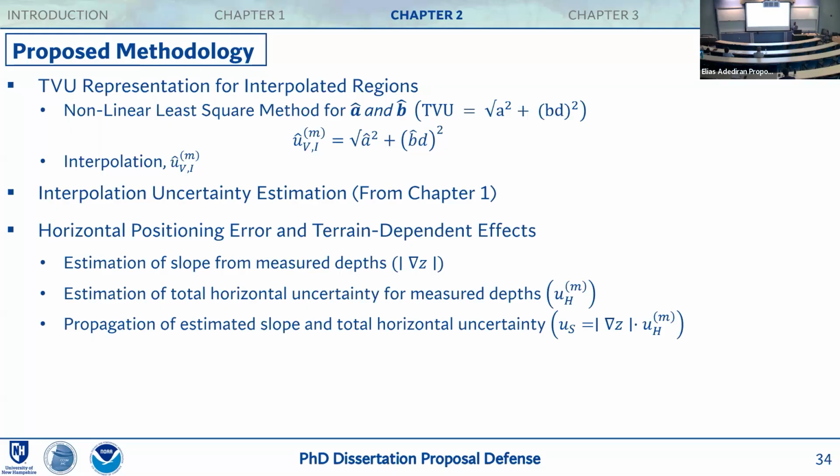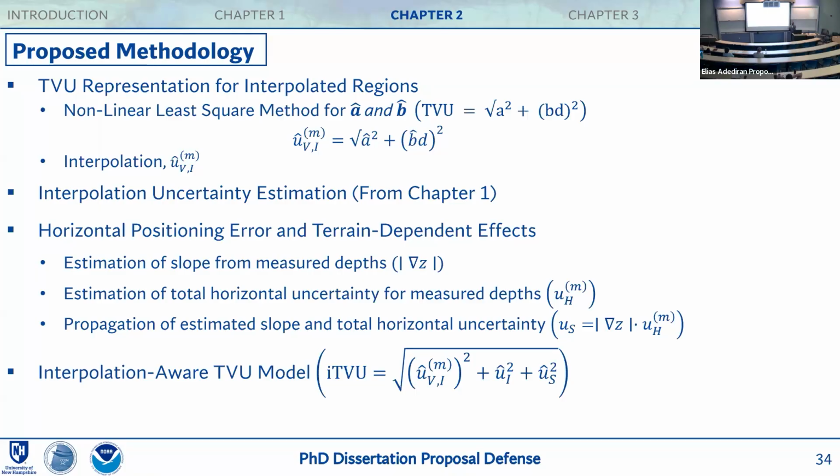To estimate the slope-induced effect, we first need the estimation of the slope from the measured depth, then the estimation of the total horizontal uncertainty for the measured depth, and then propagate those two together by multiplying them. What the right propagation model is, this is what I'm proposing. We might eventually use something else, but I've not gotten much into this, so don't take me on this.